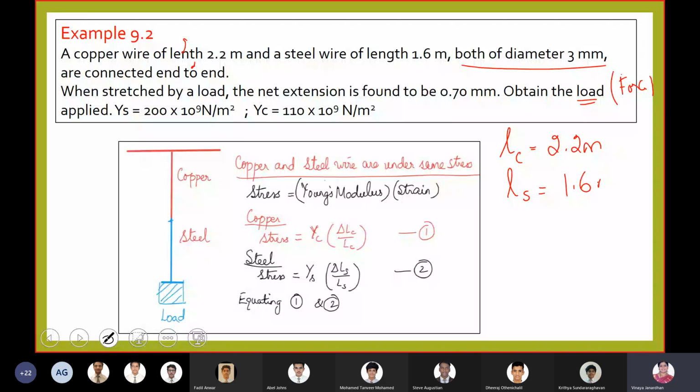The net extension is the extension in the steel wire plus the extension in the copper wire. Delta LC is the extension in the copper wire, and delta LS is the extension in the steel wire. Both together are found to be 0.7 millimeter. Clear, boys?